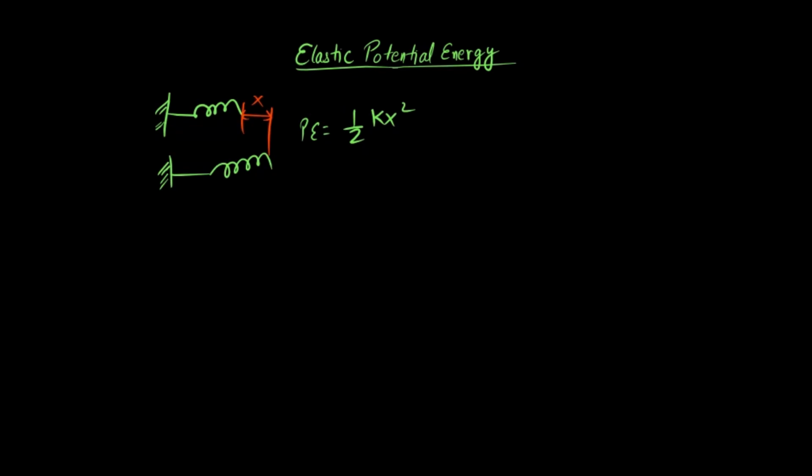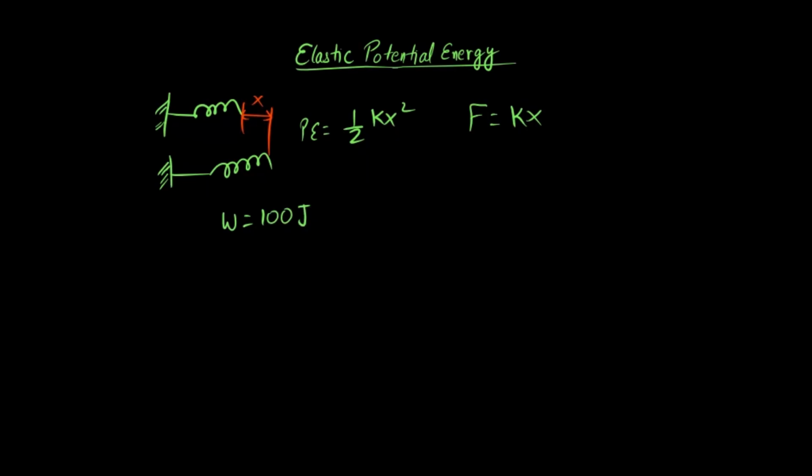From the last video, you might remember the formula of force of the spring, it's kx. The summary of the theory is that you do a work on the spring and that work gets converted into potential energy on that spring. So let's say that you did a work worth 100 joules on the spring.